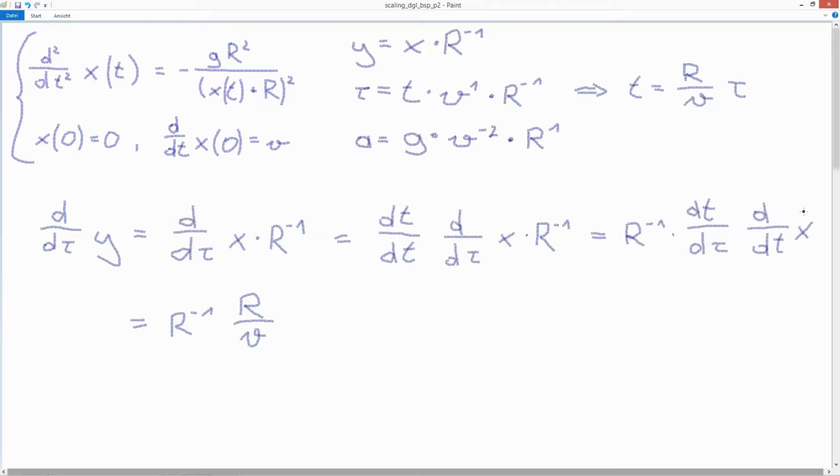And this here is not changed. This here is that. So here we have differentiated t with respect to tau.